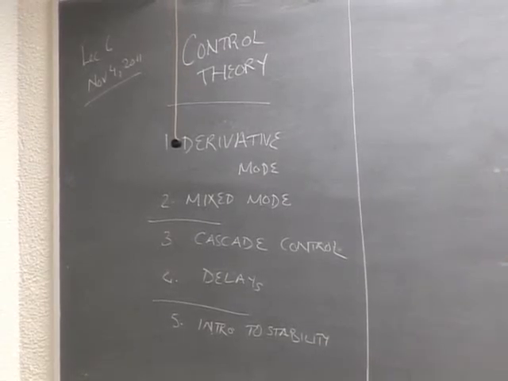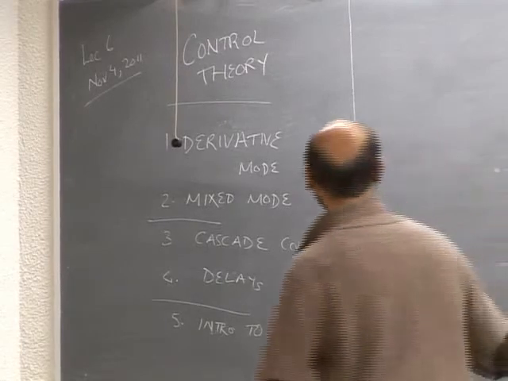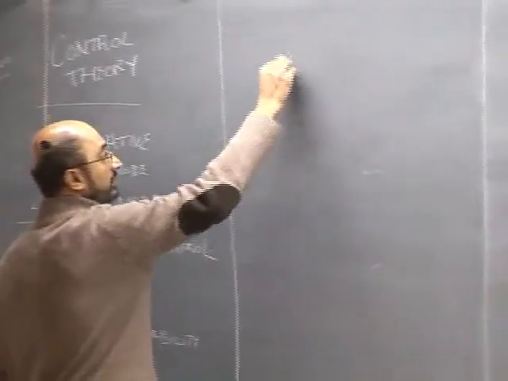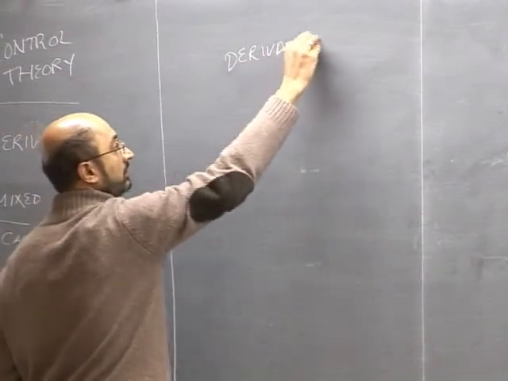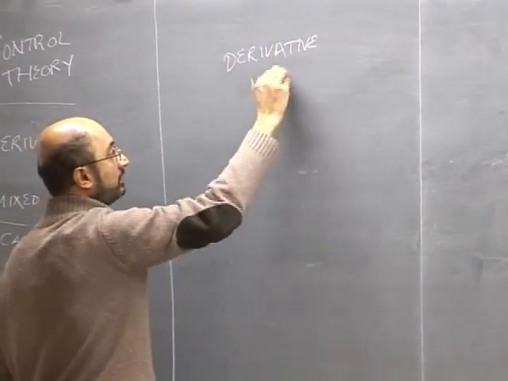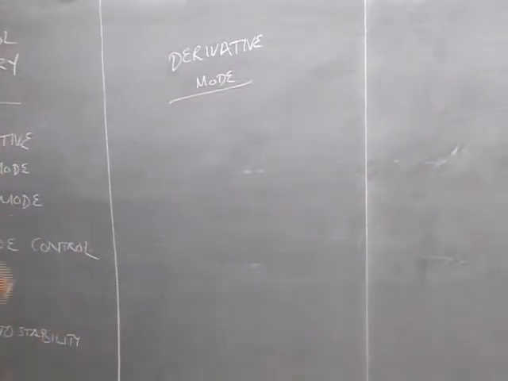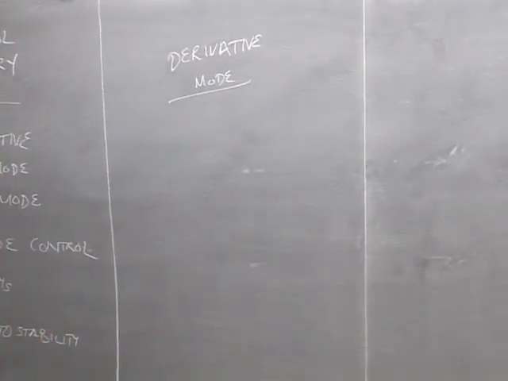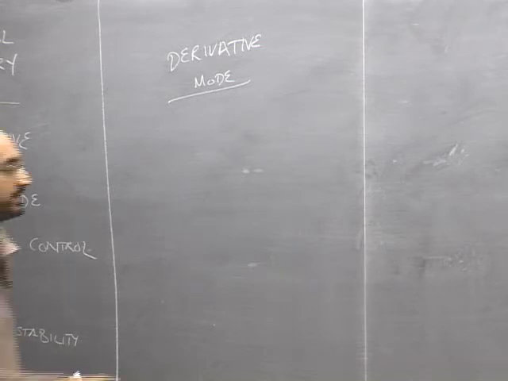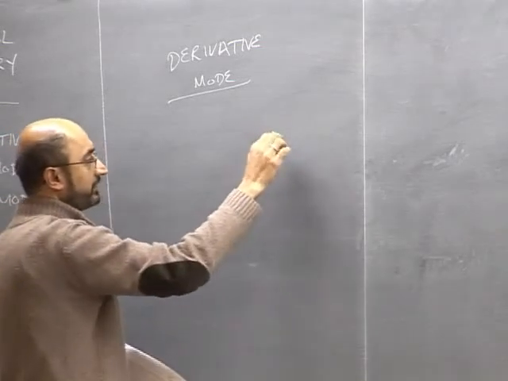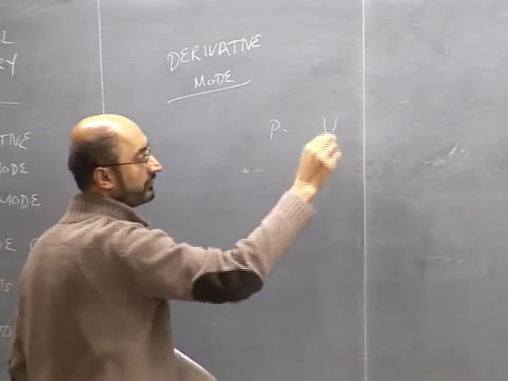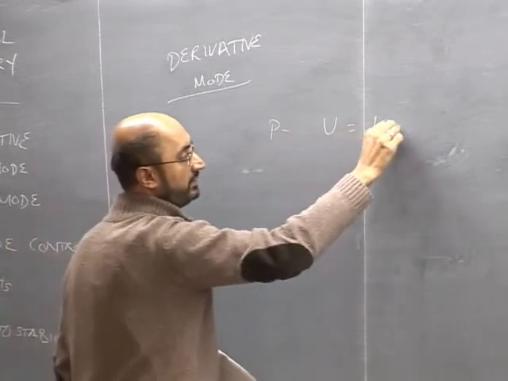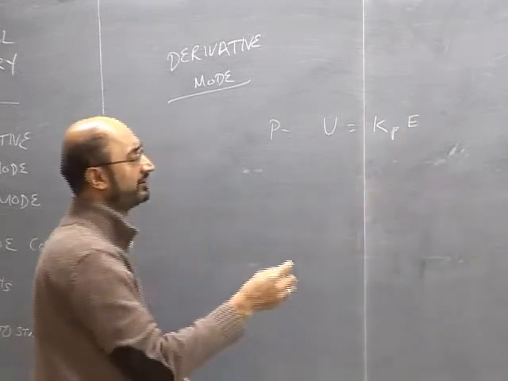Okay, so let me just start with the basic derivative mode control. By now you've seen the feedback loop many times, so I'm not going to repeat it. But if you just remember, for proportional mode, we have the control U equals Kp times the error E. This is in the transform domain.